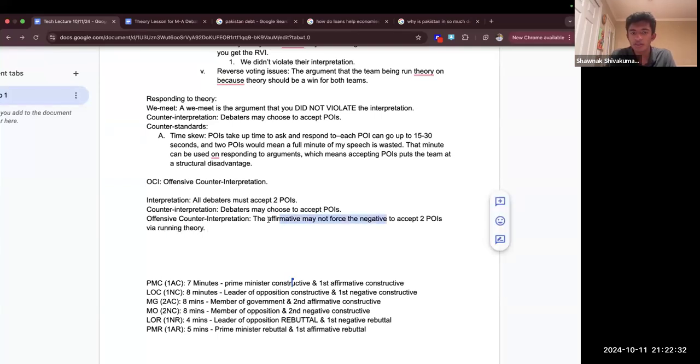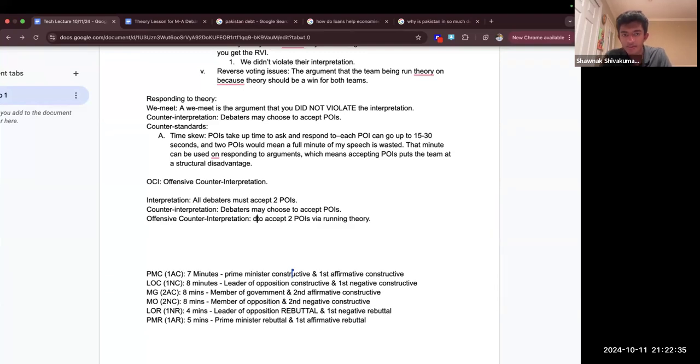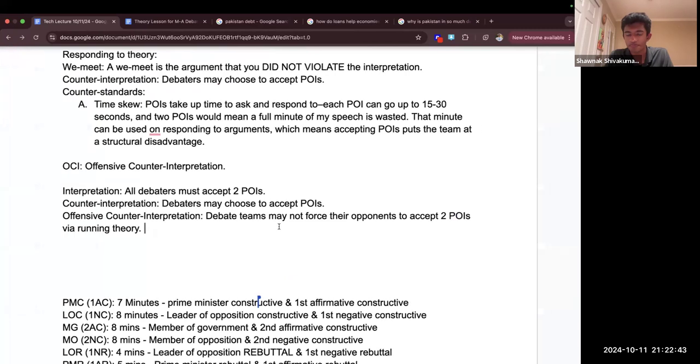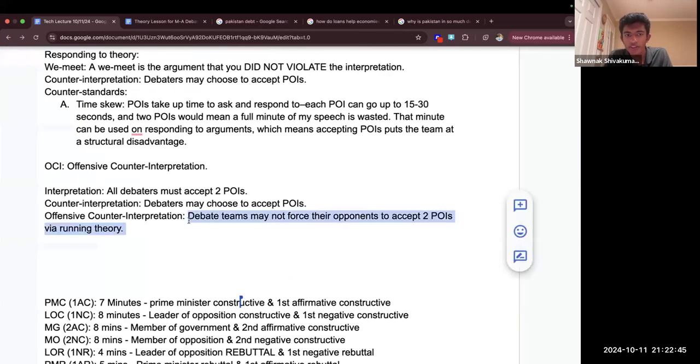Or debate teams may not force their opponents. Yeah, this is a better interp. What is the difference between this interp and this interp? The key word is this word.